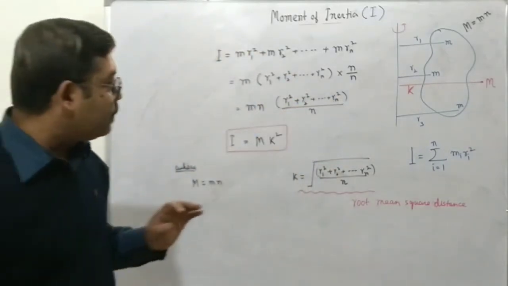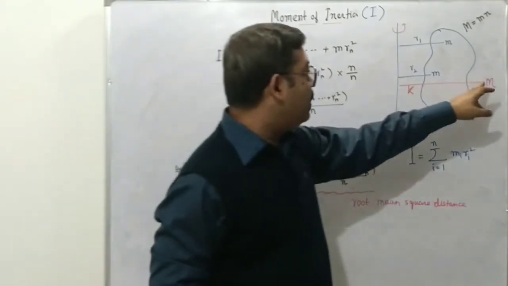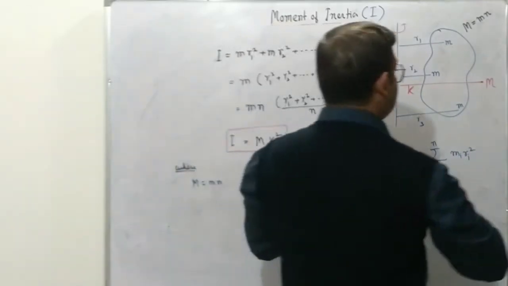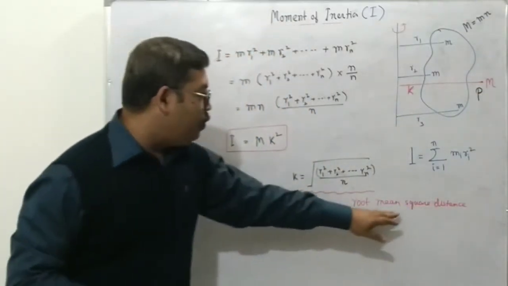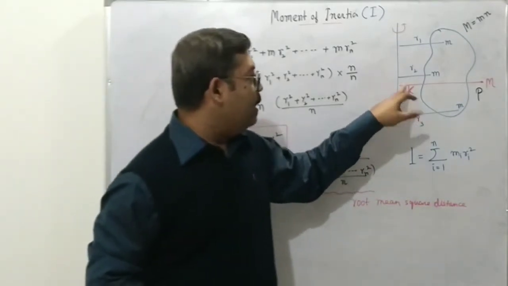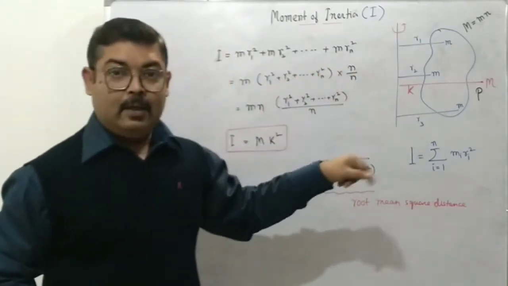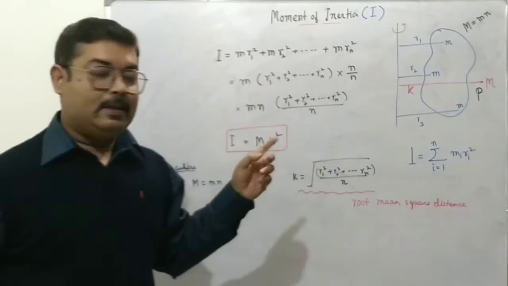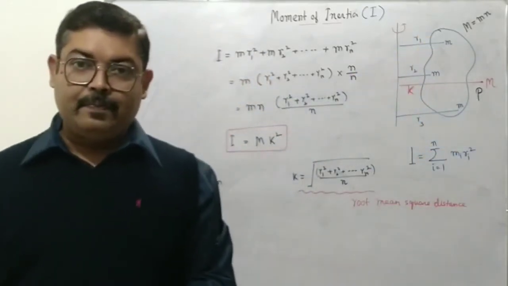Are we clear? If the entire mass was concentrated at a point, let's call it point P, at a distance equal to the root mean square distance k, then that point mass P will have the same moment of inertia as the entire rigid body with the distributed mass.